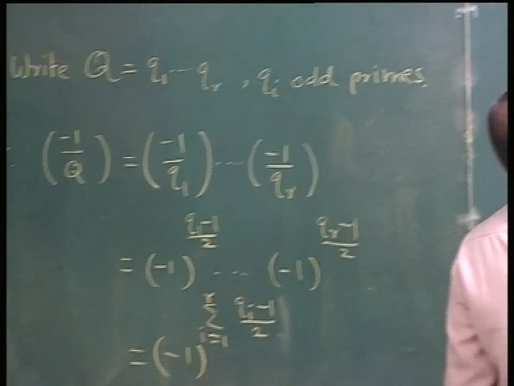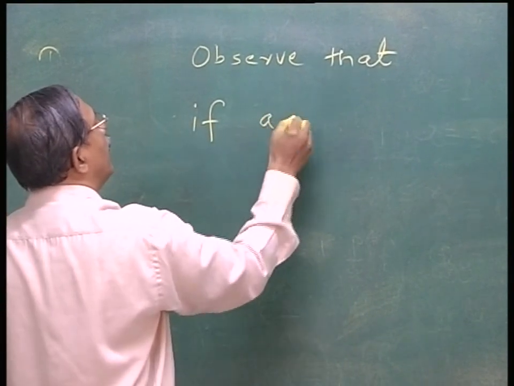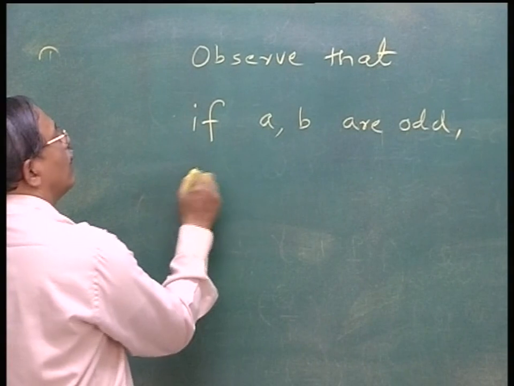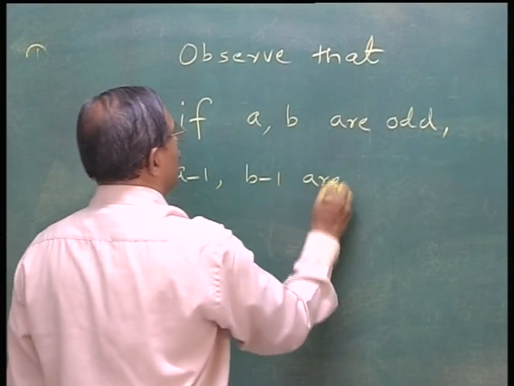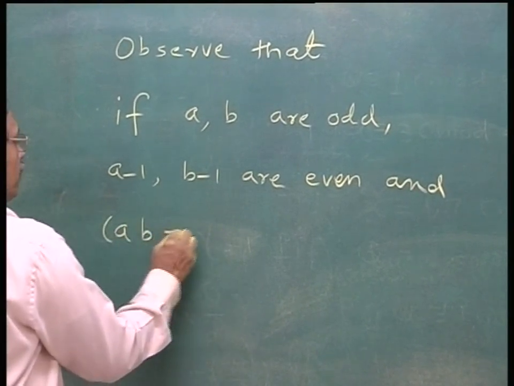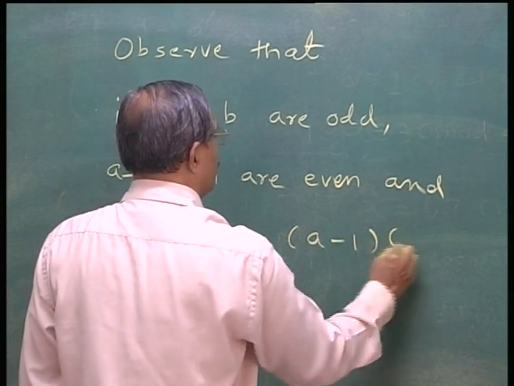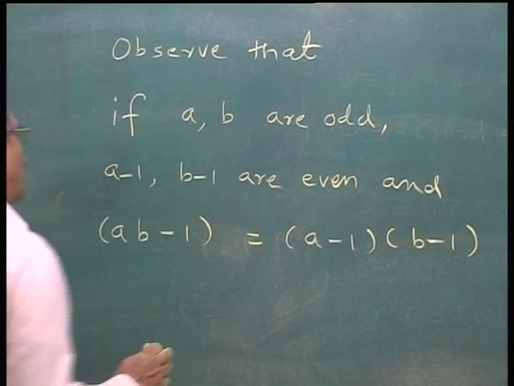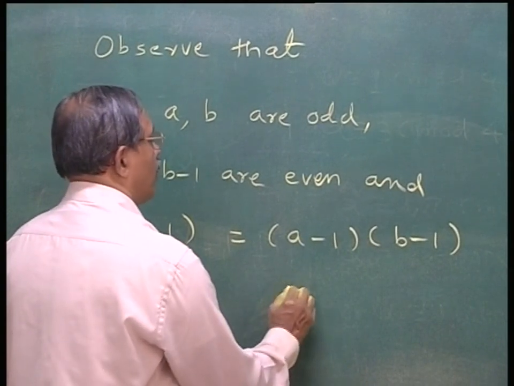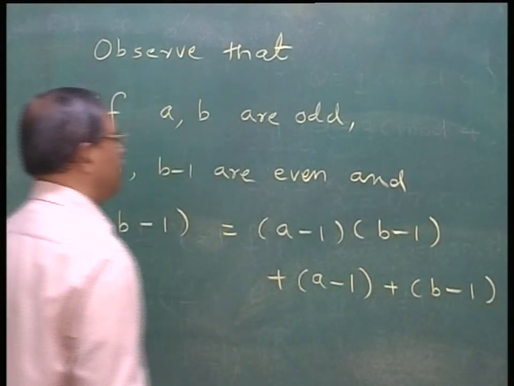Observe that if A, B are odd, A-1, B-1 are even, and if you consider AB-1, it is equal to (A-1)(B-1) plus (A-1) plus (B-1).